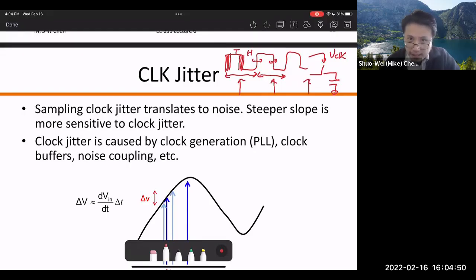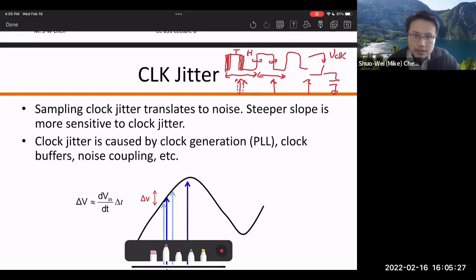However, because of the clock jitter, the sampling instant sometimes comes a little late, sometimes a little earlier. So this delta function has some uncertainty, but when the clock finally does the transition, it still behaves like a delta function. That part remains the same. The only difference is that sometimes it will be earlier, sometimes later.